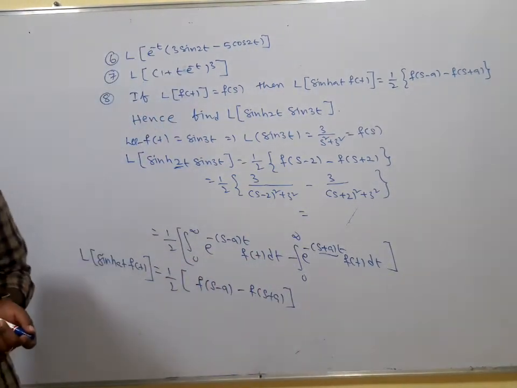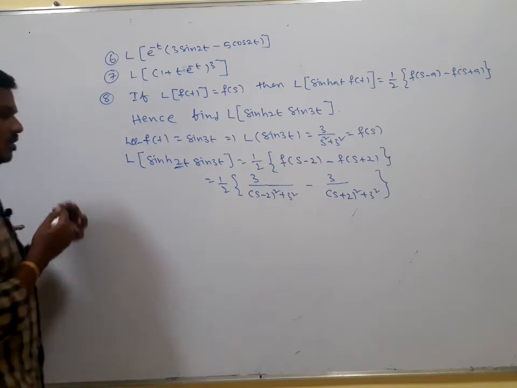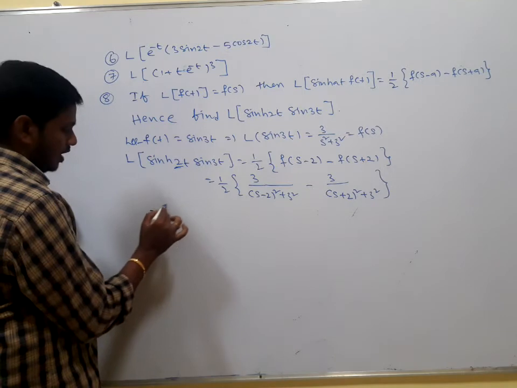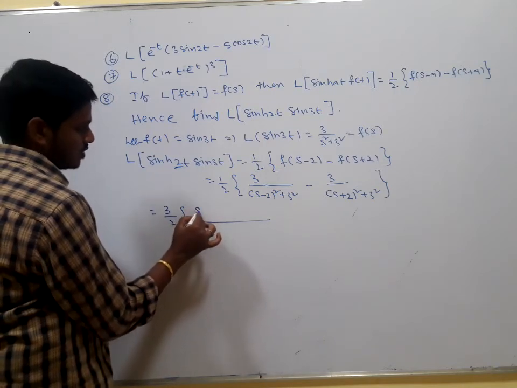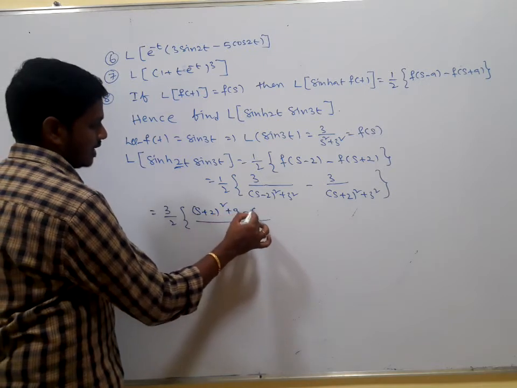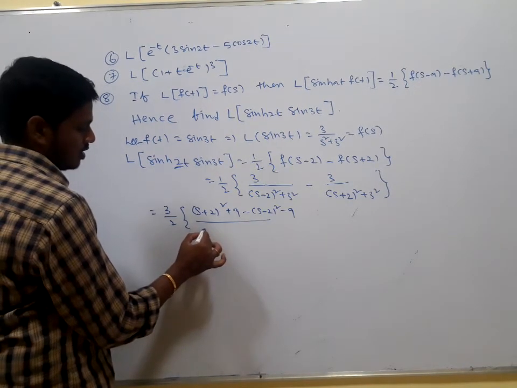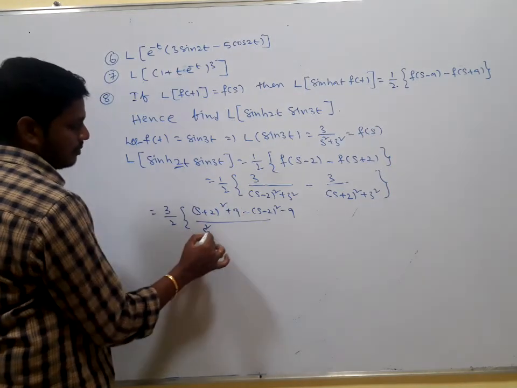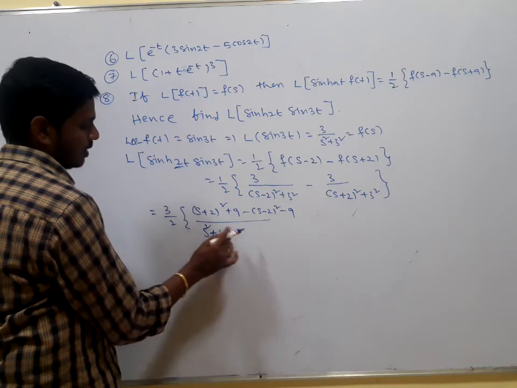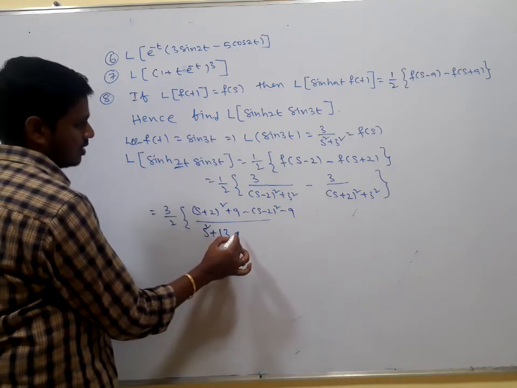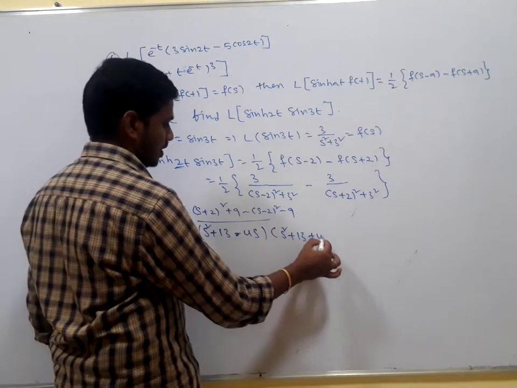Trying to simplify it, 3 by 2, 3 you can take common, 3/2 of (s + 2)² + 9 − (s − 2)² − 9 divided by s² + 4 + 9 + 4 + 9 + 4, it is 13, (s² + 13 − 4s) into (s² + 13 + 4s).